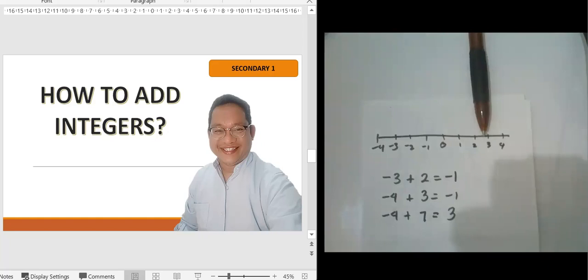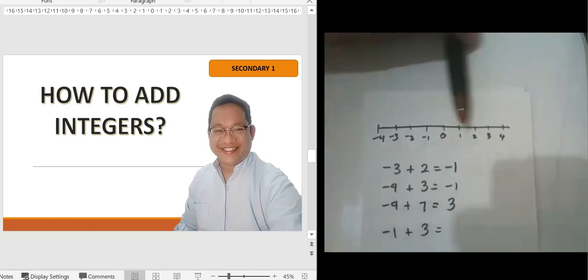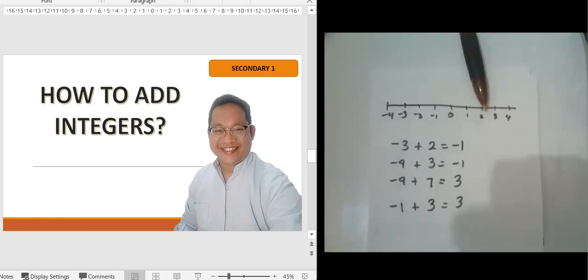All right. Now let's say that I have, for example, -1 plus 3. So from -1, you have 1, 2, 3. There you go. Then that's going to be 2. Now, what if you have 1 plus -4?